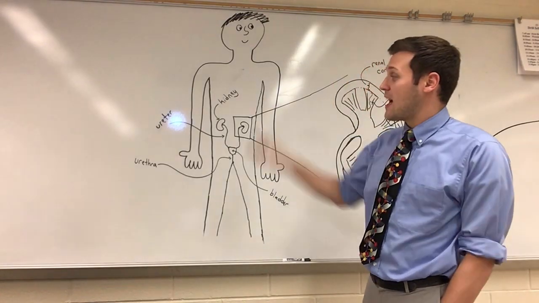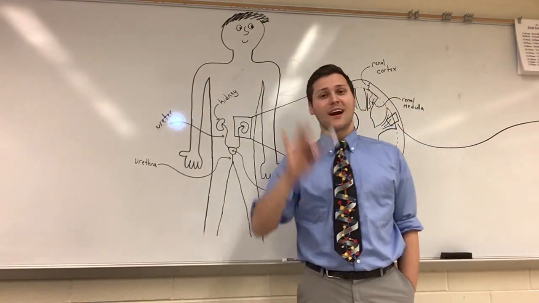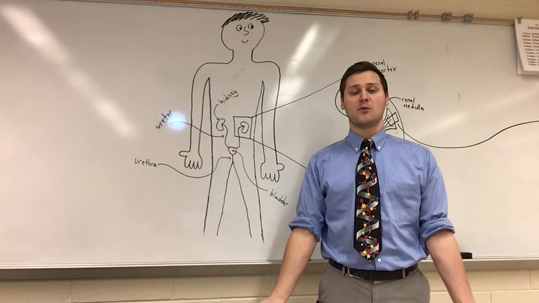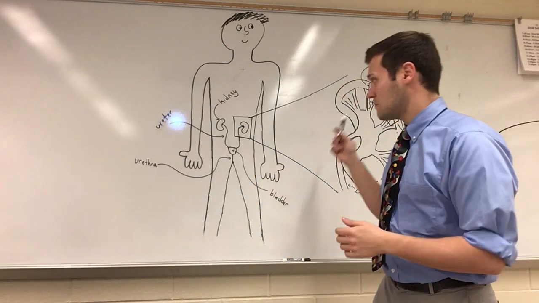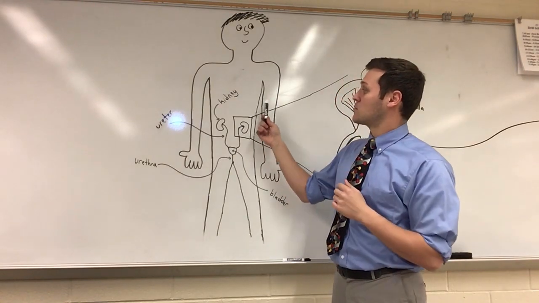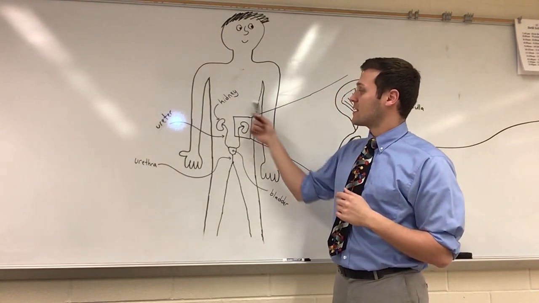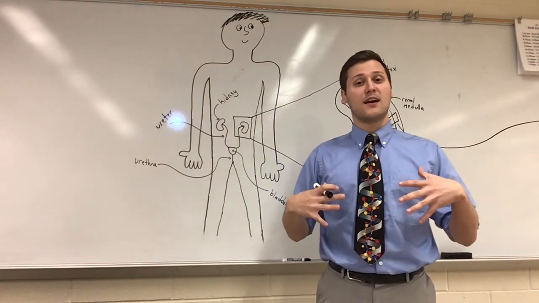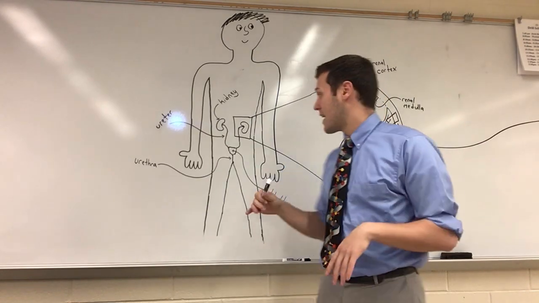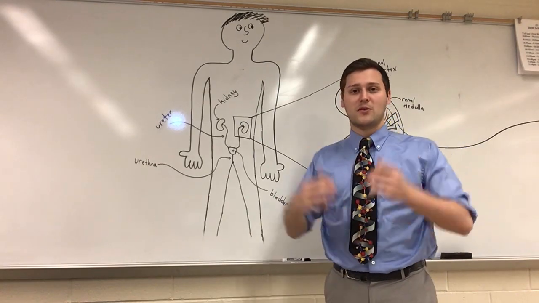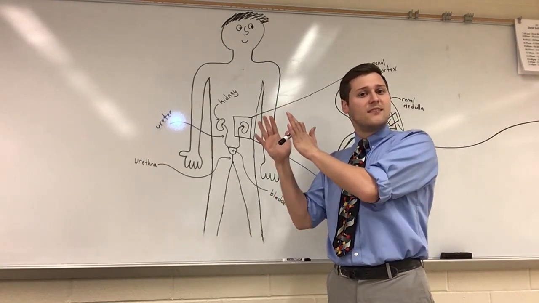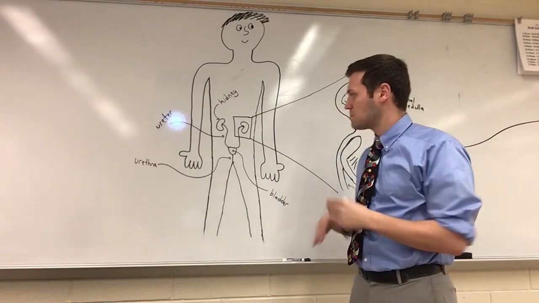So as you can see, I have a human diagram in standard anatomical position, so hands are at the side. If any of you guys take anatomy, you'll appreciate that, as well as the kidneys. Kidneys are located in a person's abdominal cavity, and they're towards the back of the abdominal cavity, almost embedded in the back wall.